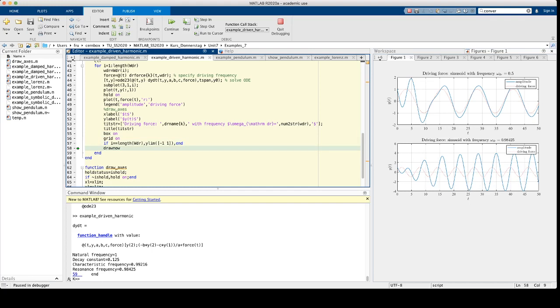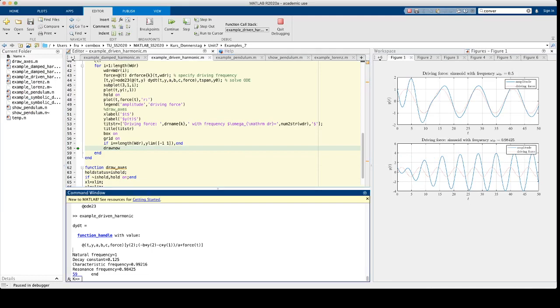It's in the order of 4, whereas it was slightly larger than 1 with a small driving frequency. You can also see that the solution is shifted by about pi over 2 with respect to the driving force.